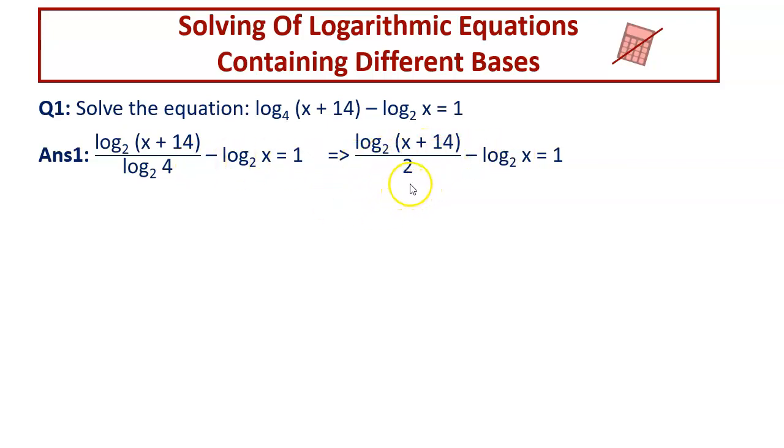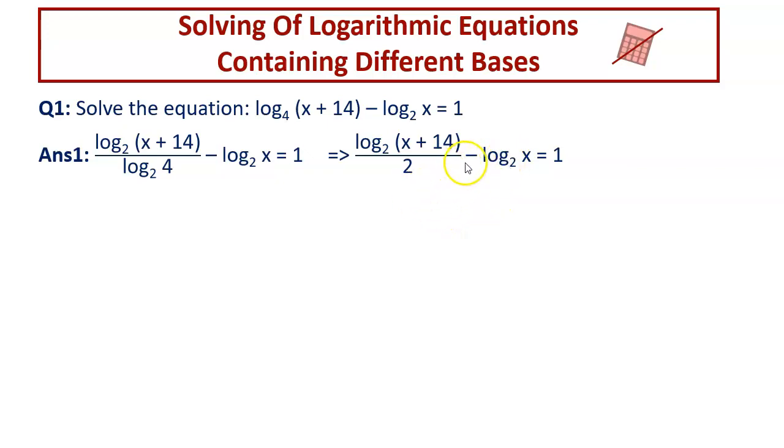Now, you can take this 2 as the common denominator for both these logarithmic terms. You can write this as 2 times log of x to the base 2 over 2, so that you have a common denominator for all the terms on the left hand side of the equal to sign.